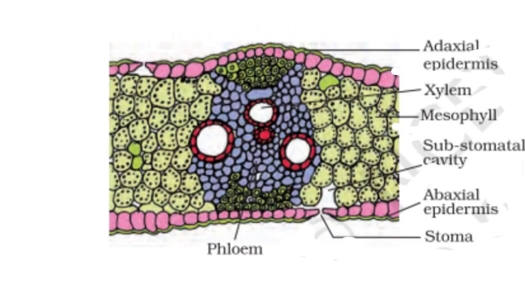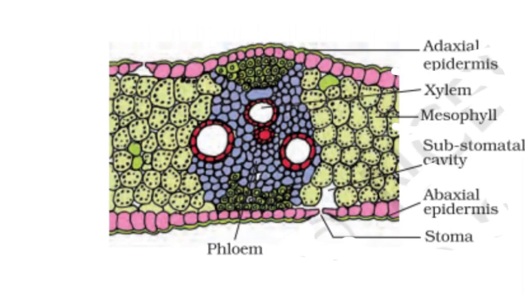Both are covered by a thick cuticle. And an important thing in the monocot or isobilateral leaf, stomata are present on both surfaces, in the adaxial epidermis and in the abaxial epidermis. This type of stomatal condition is called amphistomatous condition.